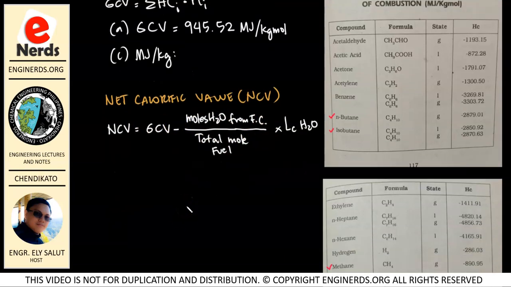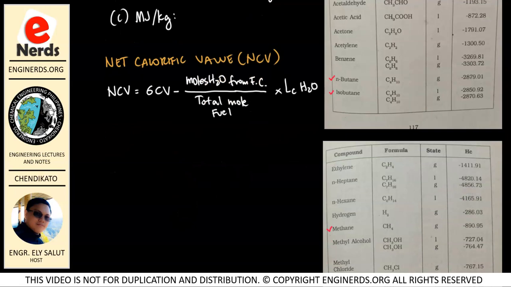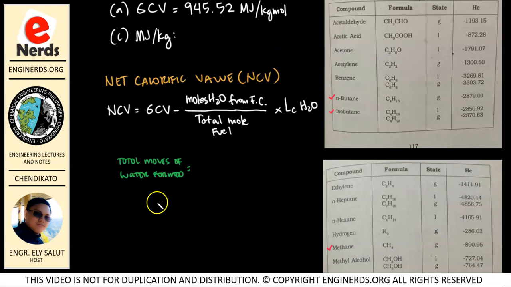Okay, so how are we going to solve for that? So let us try to solve for the total moles of water formed. Okay, so in order to get how many moles of water form, we know that for every mole of water, which is H2O, there is 2 moles of hydrogen, di ba?